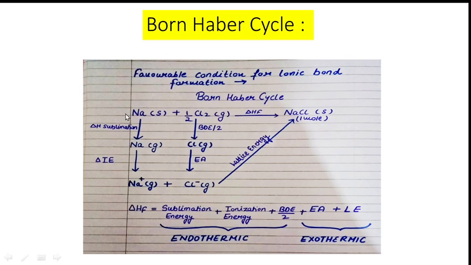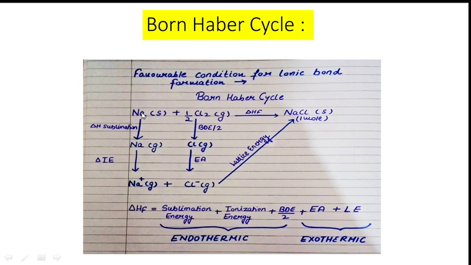As you know, this Born-Haber cycle is applied for certain alkali halides. As you can see, the metal used in this particular example is sodium, with half mole of chlorine, and this delta H_f represents the energy of formation. Delta H is the energy and f is formation.